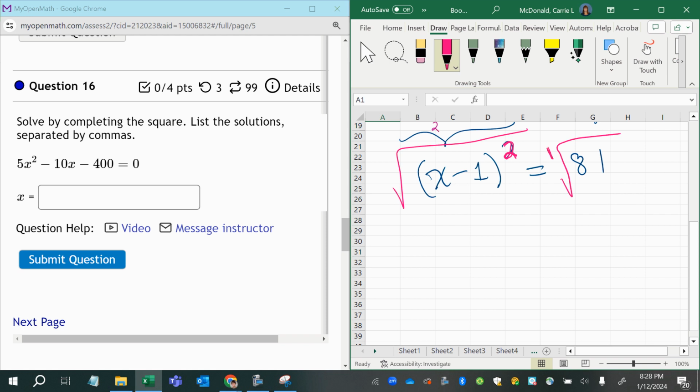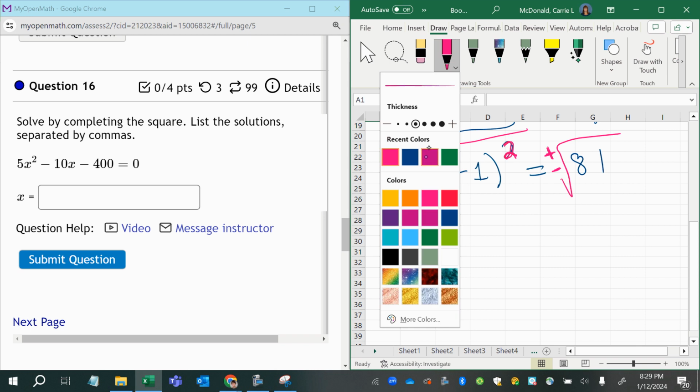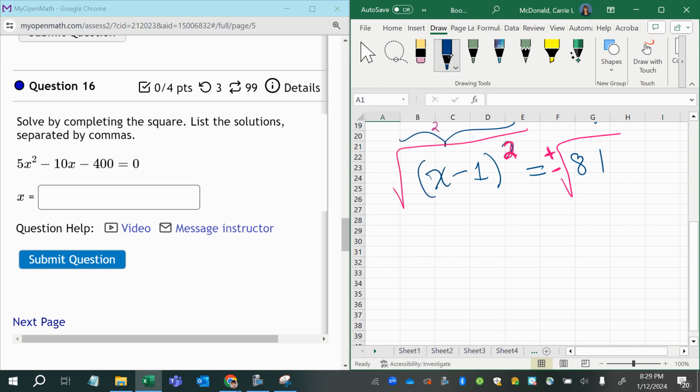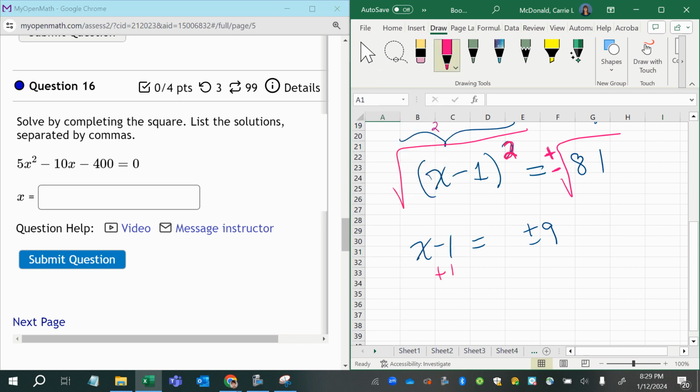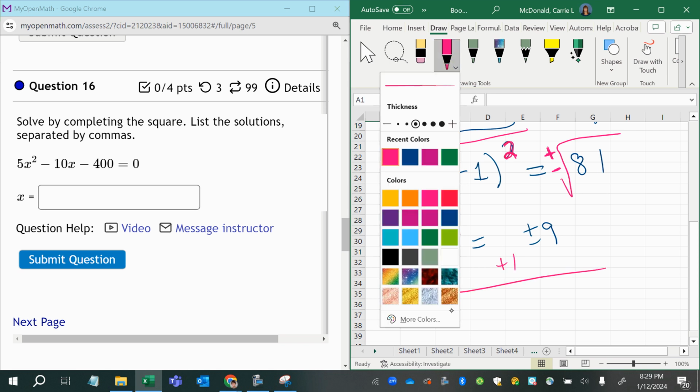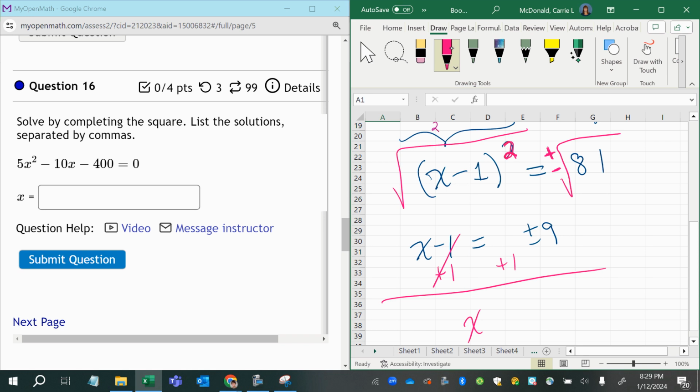And not forgetting to put a plus minus on the side opposite the variable. Okay, then now we have on the left x minus 1, and on the right we have plus minus 9. To get x alone on the left, we're just going to have to add 1 to both sides. And so we end up with x equals 1 plus or minus 9.